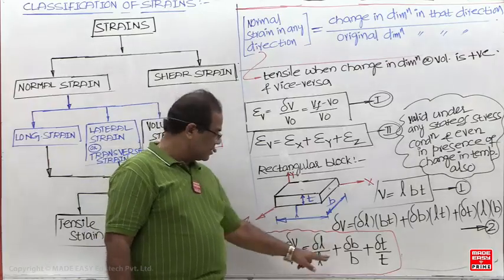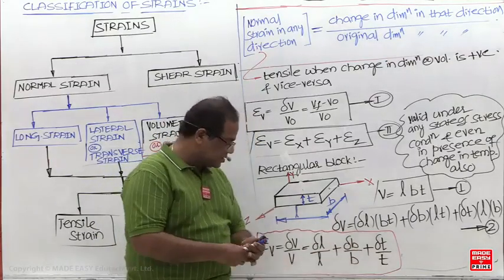So this will become epsilon x, and this is epsilon y, and this is epsilon z.